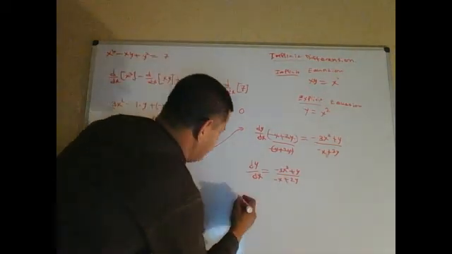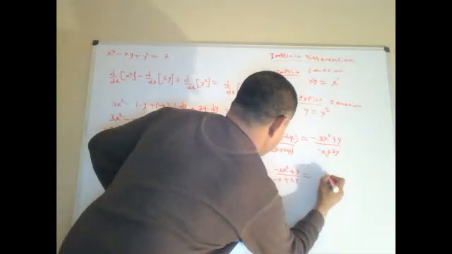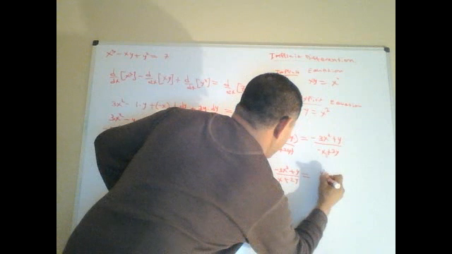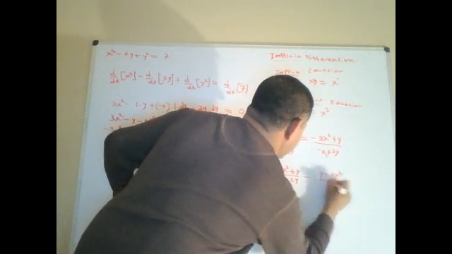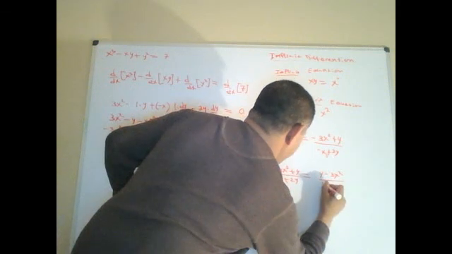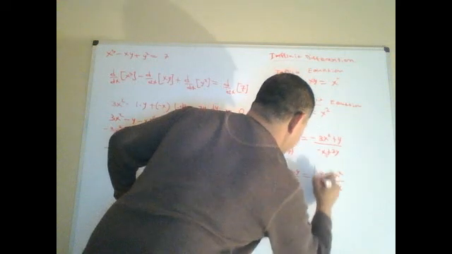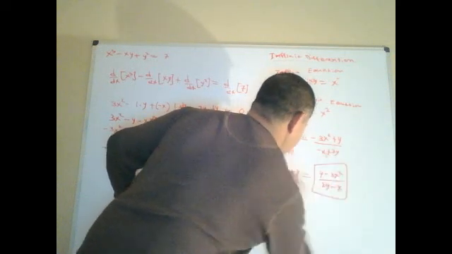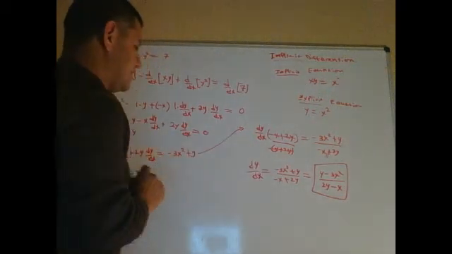So this whole thing can be rewritten as y minus 3x squared over 2y minus x. Okay, that will be the answer for that.